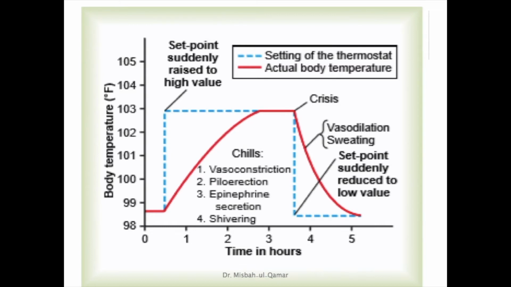As far as the second phase is concerned, when the pyrogen is removed and the set point is brought back to normal, then all the body mechanisms to lose heat, like sweating and vasodilation, become active, as a result of which the body temperature is brought back to normal.